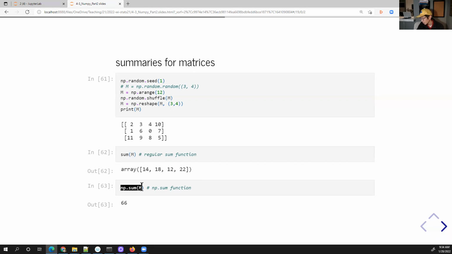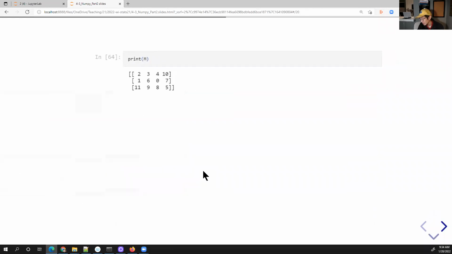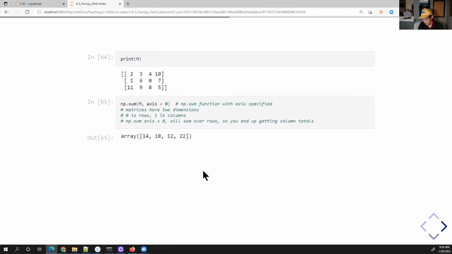To me, numpy.sum makes more sense. I'm not quite sure why the default behavior of sum in base Python is to do column addition. Now, certainly you can do column addition with NumPy's sum function. You specify that you want to add along axis 0. Axis 0 is the rows, and axis 1 is the columns.